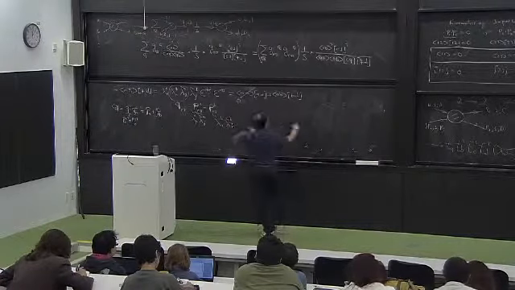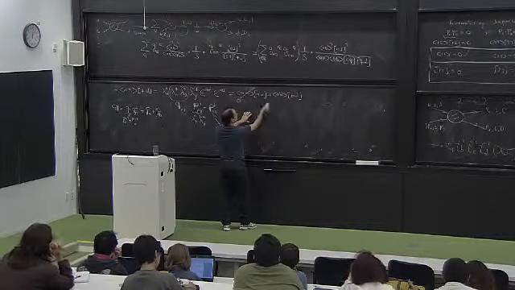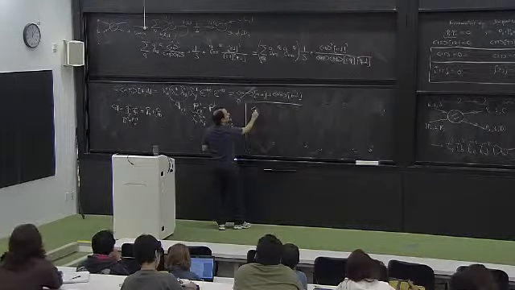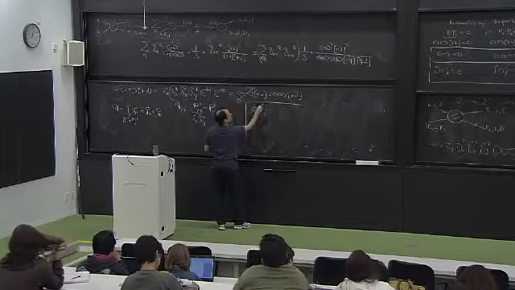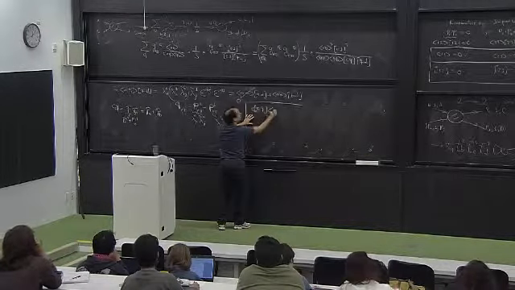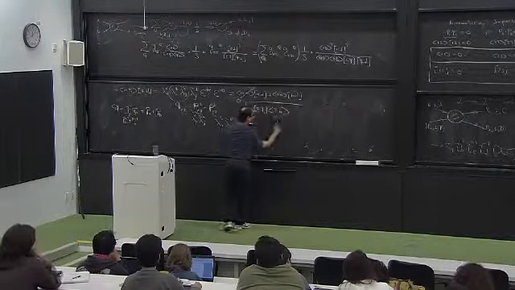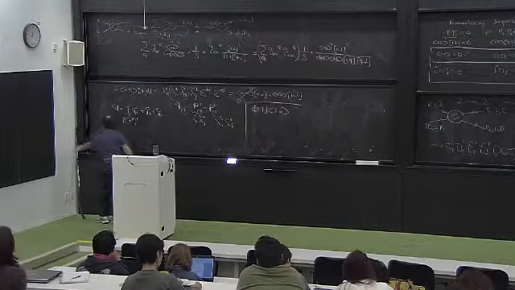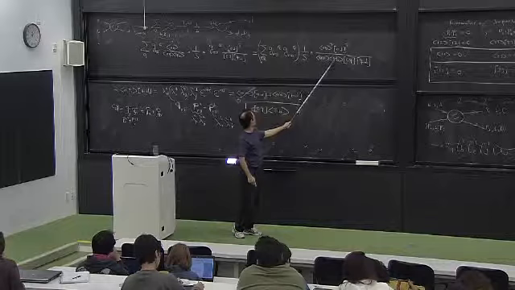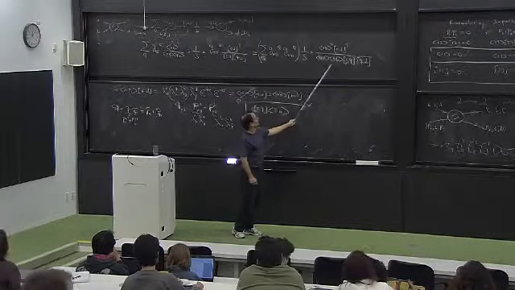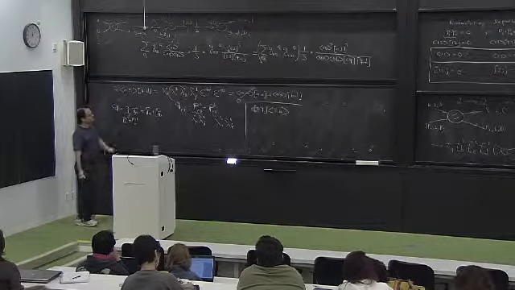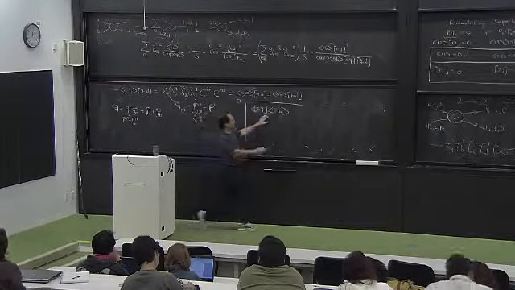Now I can take the other combination, which is, let me actually put it here, CQ, QB, that's the other one. This guy with this guy. And what do you get in this case?